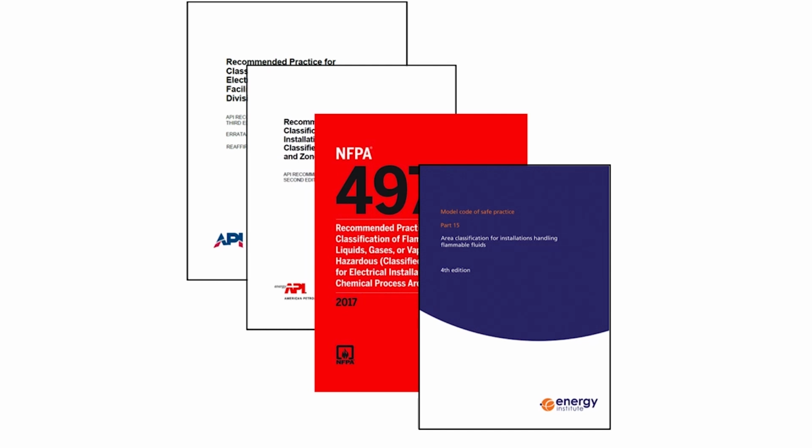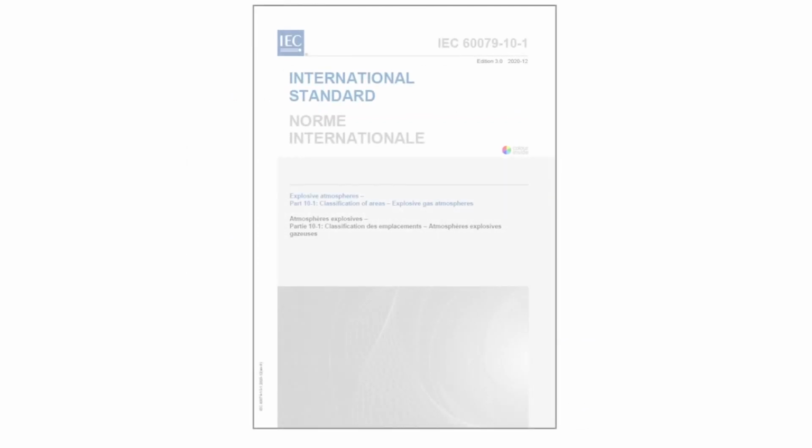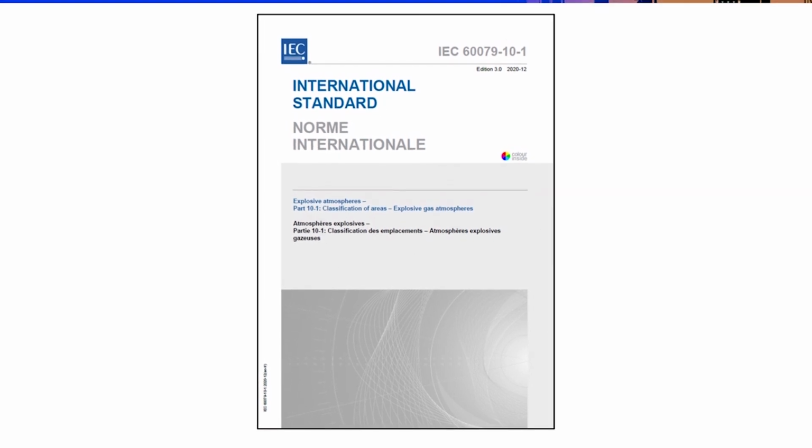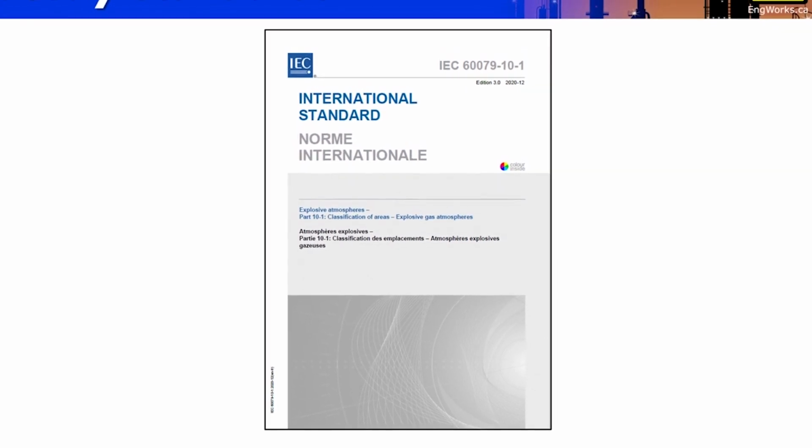Our ExHAC application is based on IEC 60079-10-1 edition 3.0. The standard is internationally recognized for classifying facilities of all types. It takes a different approach. It determines the degree and extent of a classified area from first principles using calculation methods.